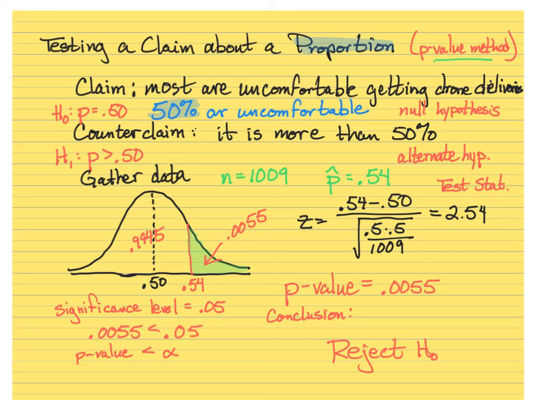We haven't accepted it, but we just don't have evidence to reject it, so we're failing to reject it. So that is how every hypothesis test of a proportion will look when you're using the p-value method. In fact, that's how hypothesis testing will almost always look. The only thing that's going to change by and large is the test statistic. You'll use either a different z-score or a t-score if you're testing claims about means.